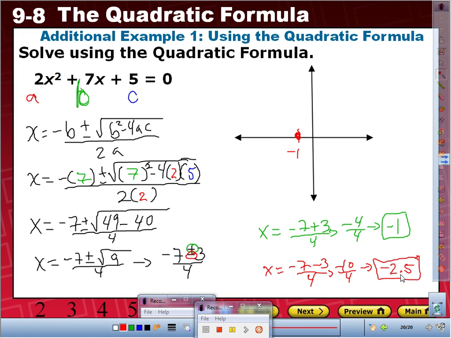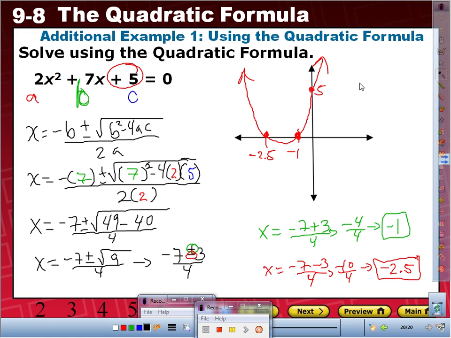There it is. What is my other one? Negative 2.5, which is right here. What is my y-intercept? 5. Yeah, because the leading coefficient is a positive. Piece of cake, right? All you have to do is make sure you substitute correctly and simplify.